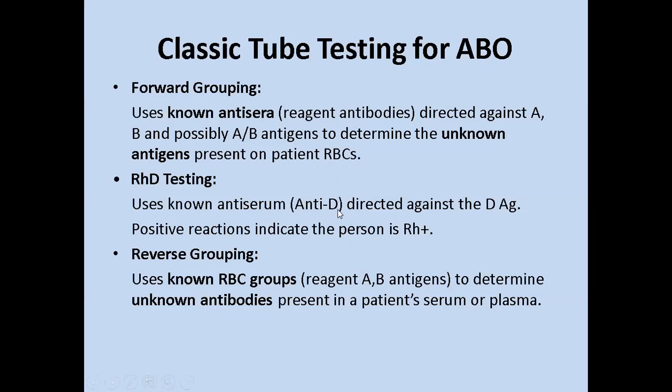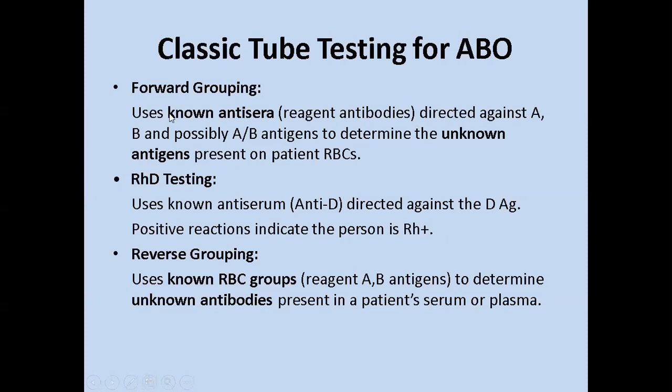The D antigen is what confers Rh positivity to an individual. So if the cells agglutinate with anti-D, this person is Rh positive. If we get a negative reaction with no agglutination, that person is most likely Rh negative, but sometimes we have to do additional testing to be sure.